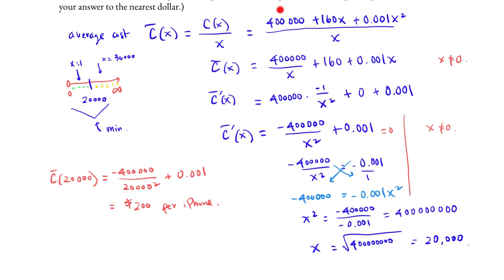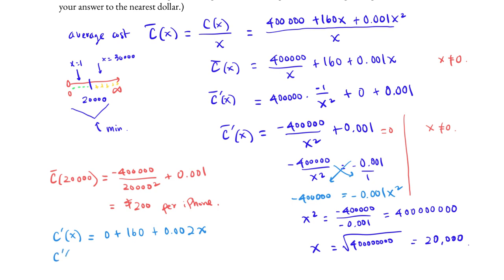How does it compare with the marginal cost? To answer this question, we will need to find the marginal cost, but remember that the marginal cost is the derivative of the cost. We take the cost function, which is 400,000 plus 160x plus 0.001x squared, which is the numerator of the average cost here, and we find the derivative. The derivative of 400,000 is 0. The derivative of 160x is 160, and the derivative of 0.001x squared is 0.002x.